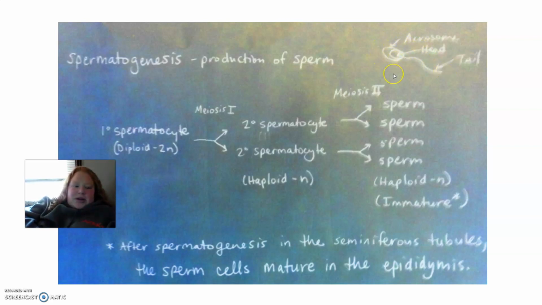Your sperm don't have a ton of extra things. So the egg has everything that a body needs to make a fetus, except for the extra genetic information that comes from the sperm. The sperm has genetic information and some energy to get to the egg, and that's about it.